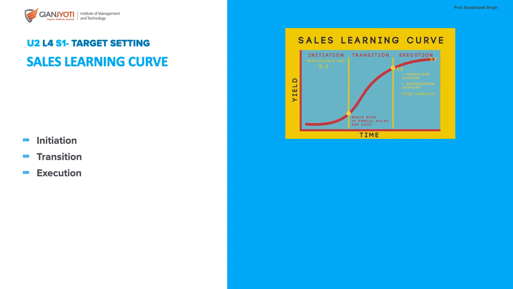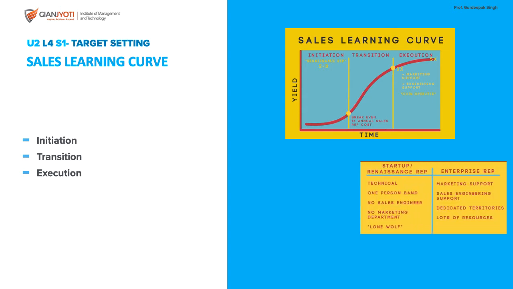So in the transition, you increase the sales force and you get some of the other support in terms of technical, right? And you get the marketing department behind you, you build that department. And then when it reaches 3x, you move on to the execution phase. In the execution phase, you get full marketing support.